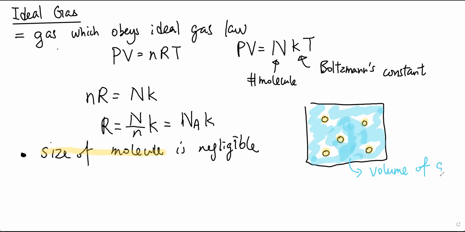It means the volume of the container. No matter how much gas there is, we still treat the volume of gas as equal to the volume of the container. Last question, what does P mean? Pressure times volume.